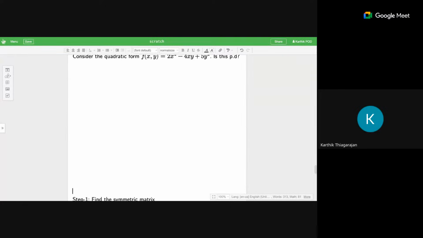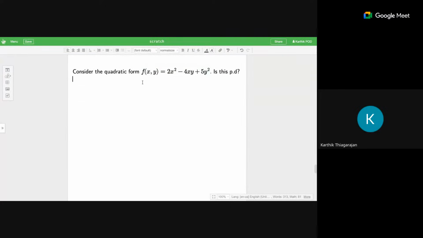If you are given a function, can you tell me if it is positive definite, meaning x transpose Ax should always be greater than 0? What we have been saying so far is to find the symmetric matrix A corresponding to this and check its eigenvalues. If they are positive, then this is also positive. So that's one way of doing it.